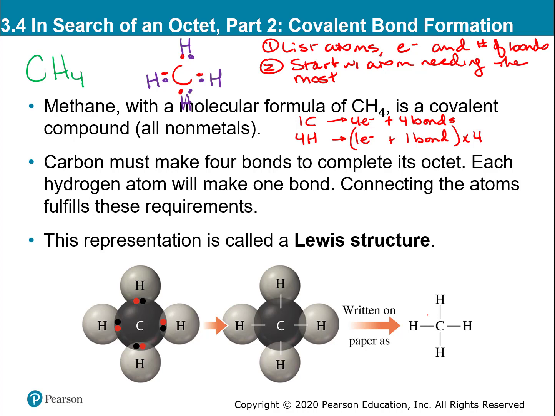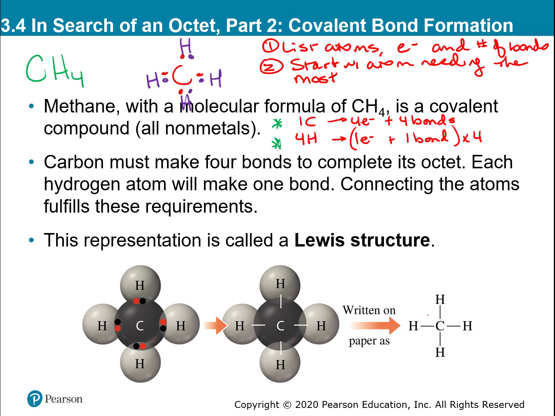So with these, the first thing that you do is make a list of the atoms in your molecule so that you know how many electrons I have to use and how many bonds each has. So remember, except for hydrogen, electrons and bonds always have to equal 8. So the octet rule comes into play with this.